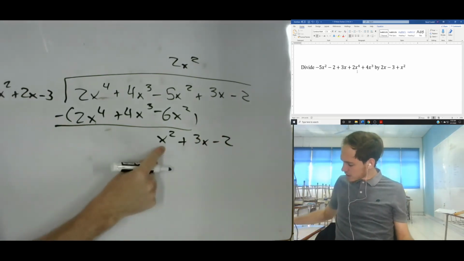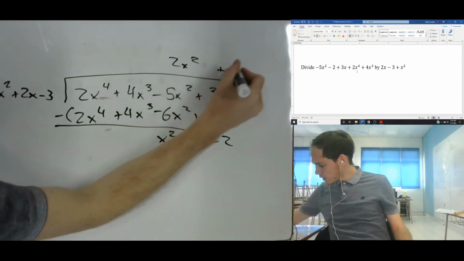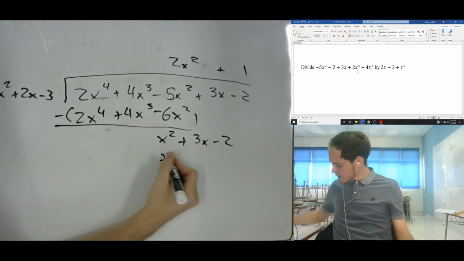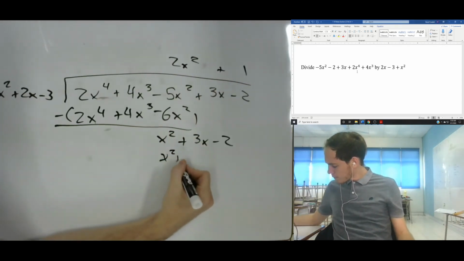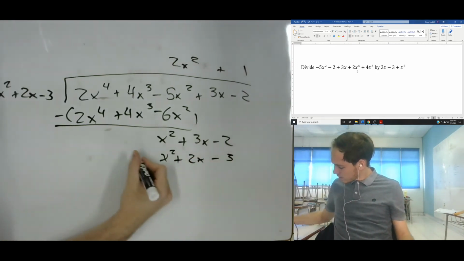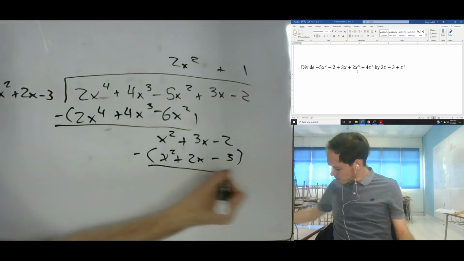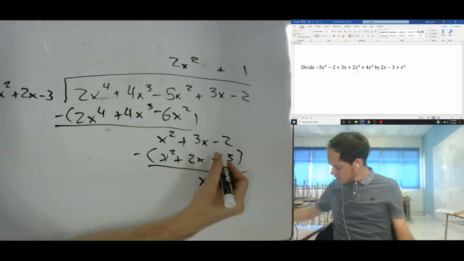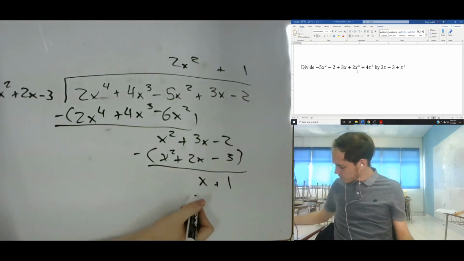X squared goes into x squared 1 time, so we get x squared plus 2x minus 3. Subtract it, we get x plus 1.